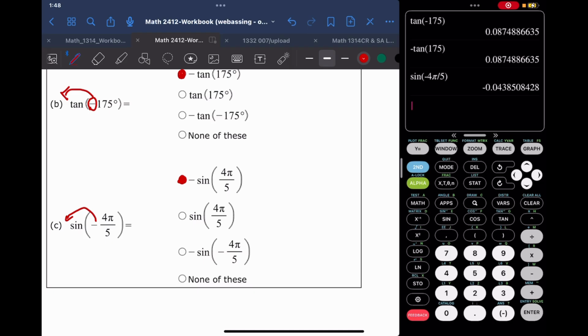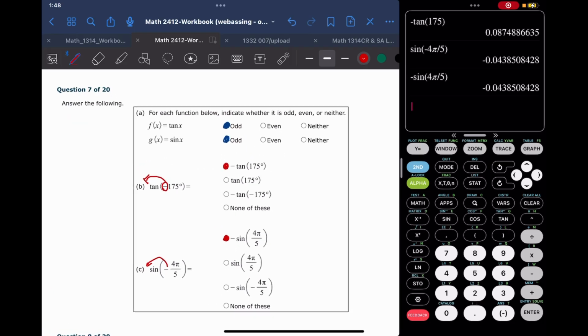I get that answer, and then we test this, and we get the same solution. That's number 7.